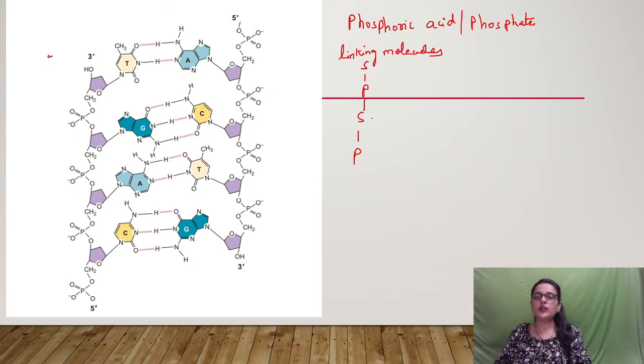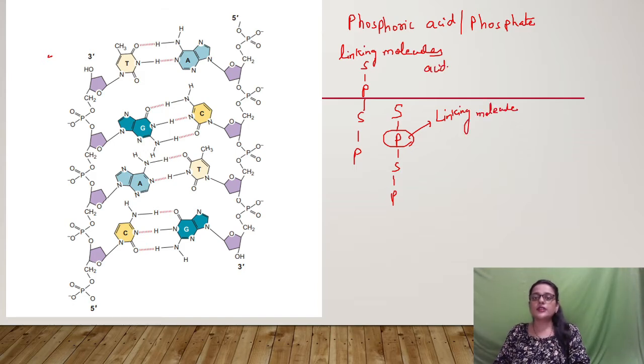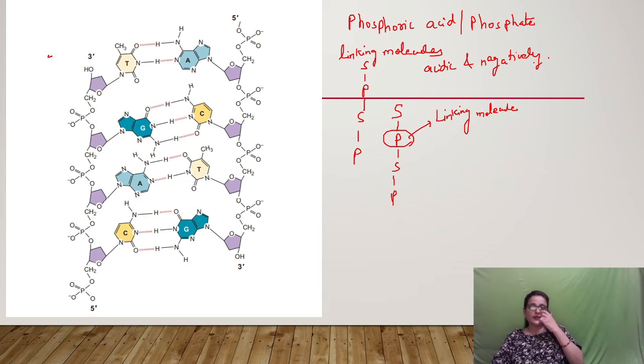As we have talked about, the backbone of DNA consists of sugar, phosphate, sugar, phosphate. So this phosphate molecule is the linking molecule, and it is acidic in nature and negatively charged, because of which the DNA is acidic and negatively charged.